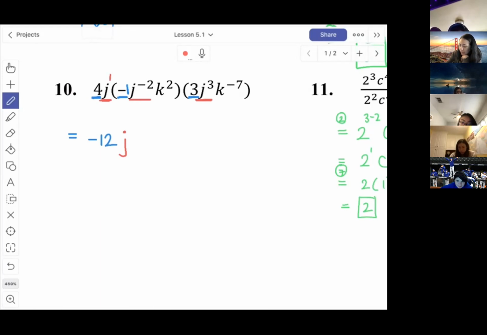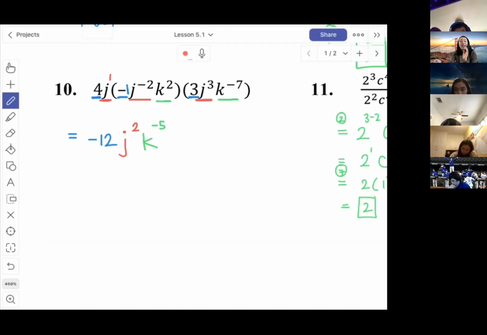We got 1 plus -2 plus 3. Oh, sorry, I forgot about the 4j on the outside. Yeah. That would be 2. There you go. All right, good. And then focus on the k's. And that would be k to the -4th. Oh, careful. Or -5th, sorry.